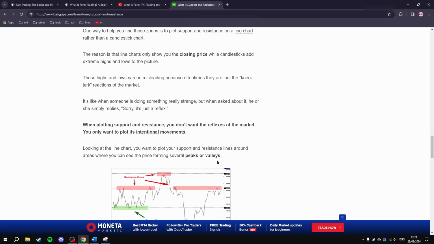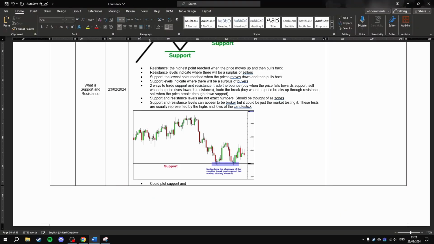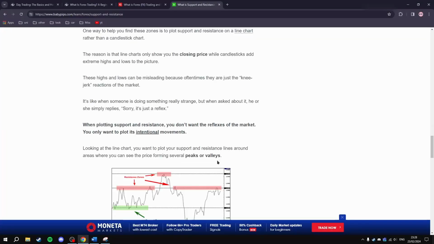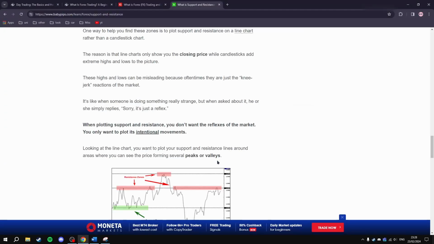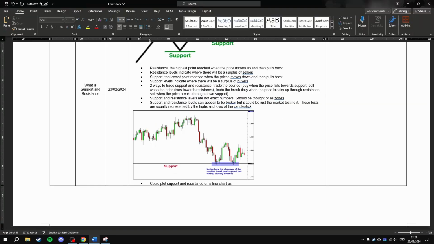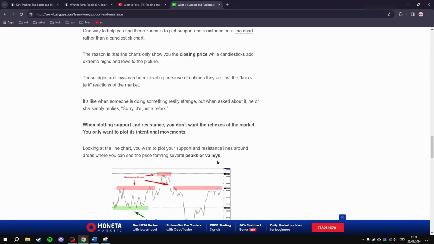You could plot support and resistance on a line chart, as it only shows the closing price.